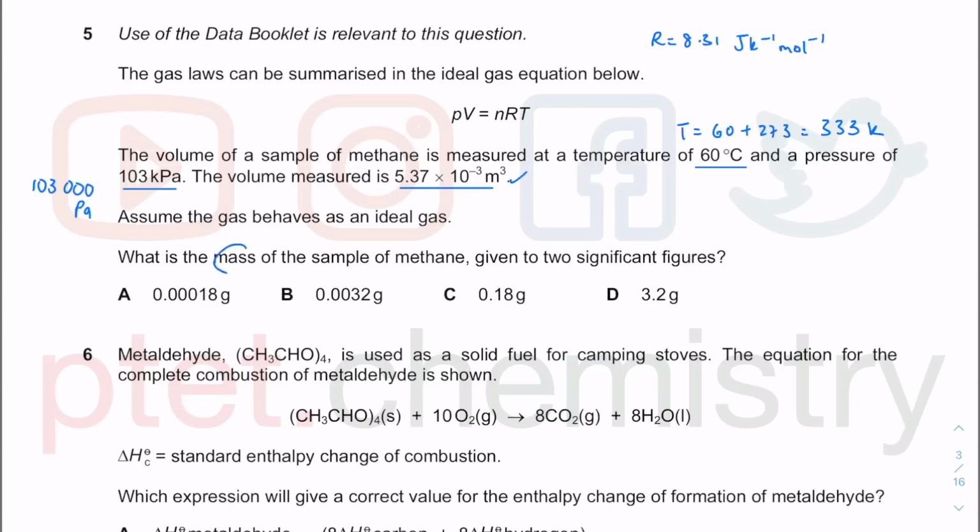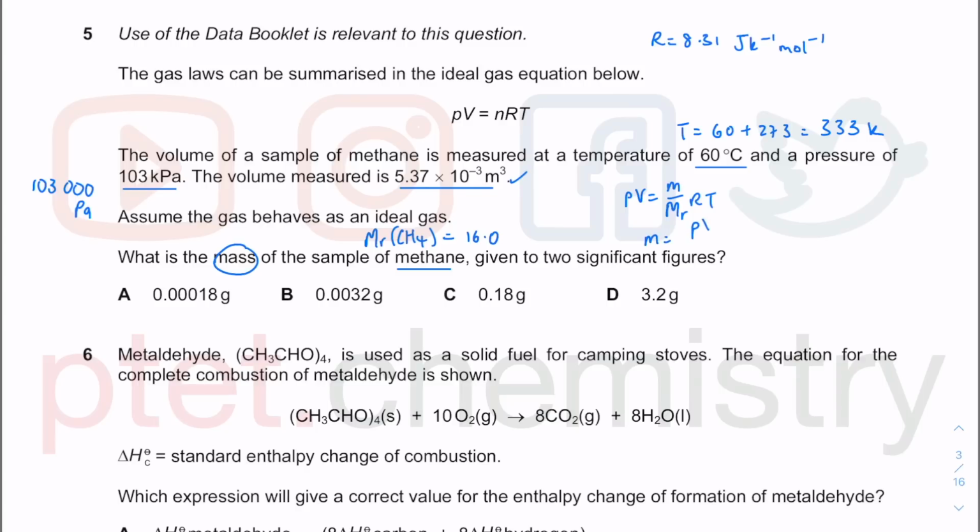I want the mass of methane, so this is Mr of CH4. From your periodic table, 12.0 plus 4 times 1.0, this gives you 16.0. Of course, your calculator is going to show you 16, but you know about the accuracy of the data from your periodic table, appropriate number of significant figures as stated in the syllabus under calculations, topic number 1 there. So in terms of the mass, we're just rearranging the equation.